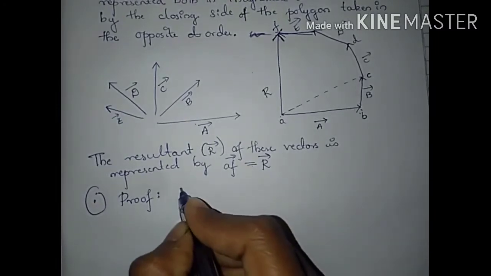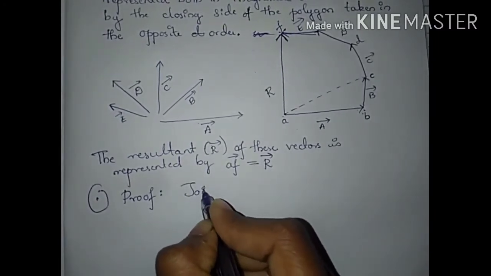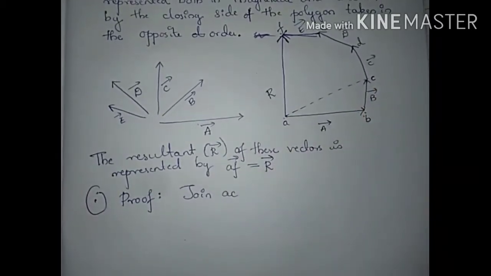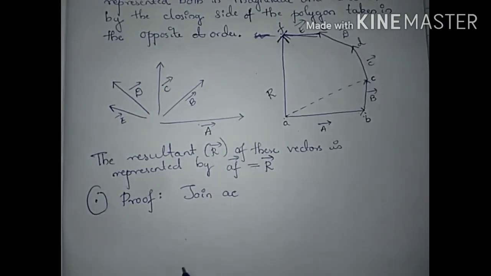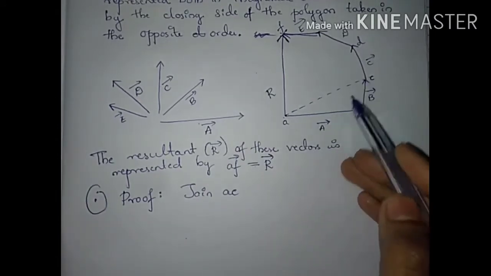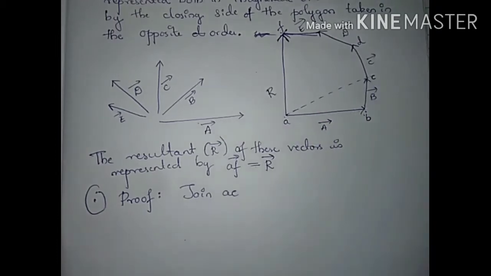First, join AC, which we have joined here. By applying the triangle law of vector addition on the triangle ABC, what do we get? AC is equal to AB plus BC.